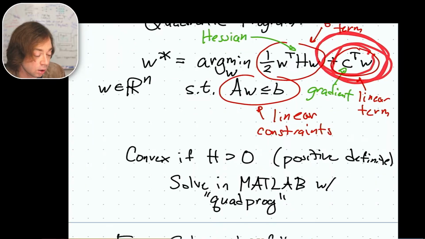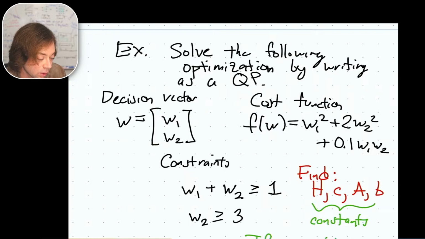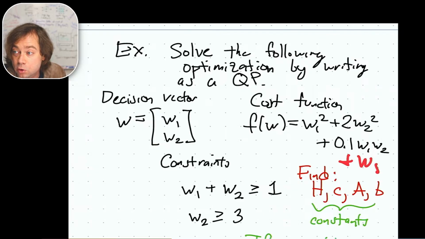So right now our cost has a W1 squared plus 2W2 squared plus W1 W2. These are all quadratic terms. But if I had, for instance, a plus W1 in there, no other multiplication, that would show up in the gradient of the cost.